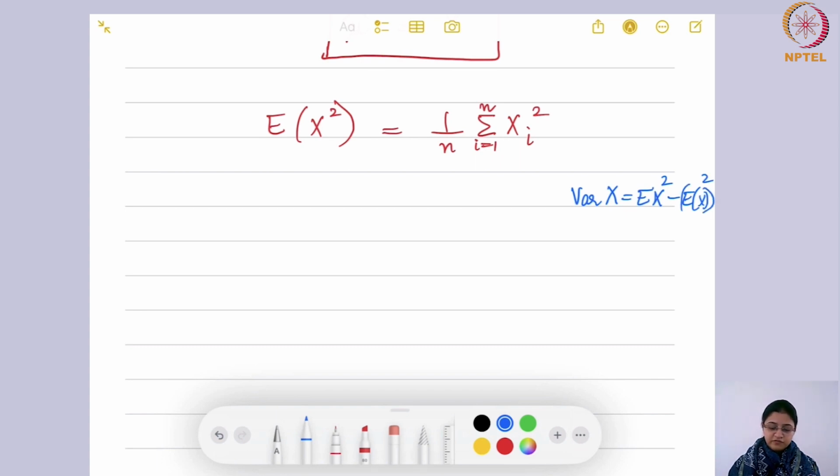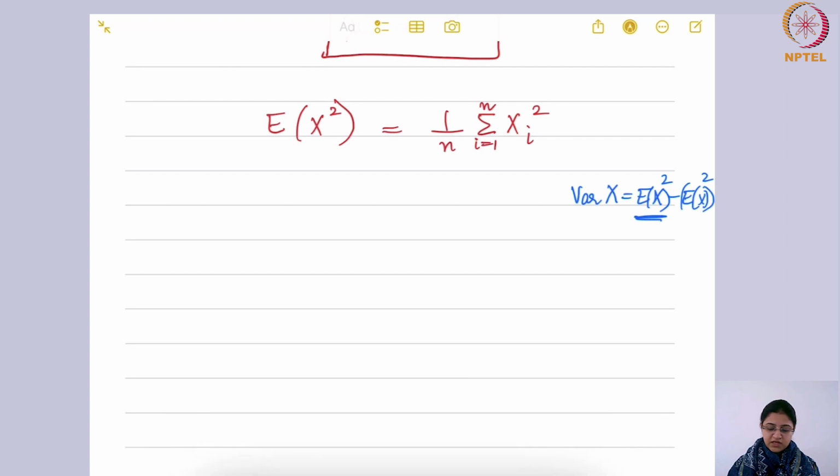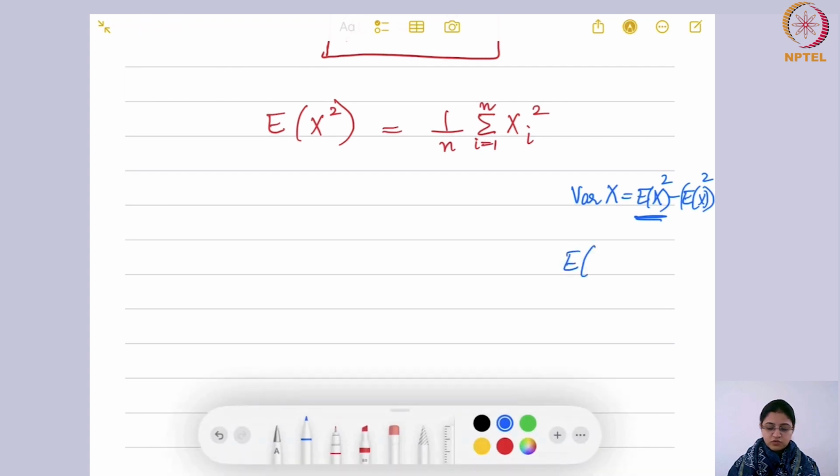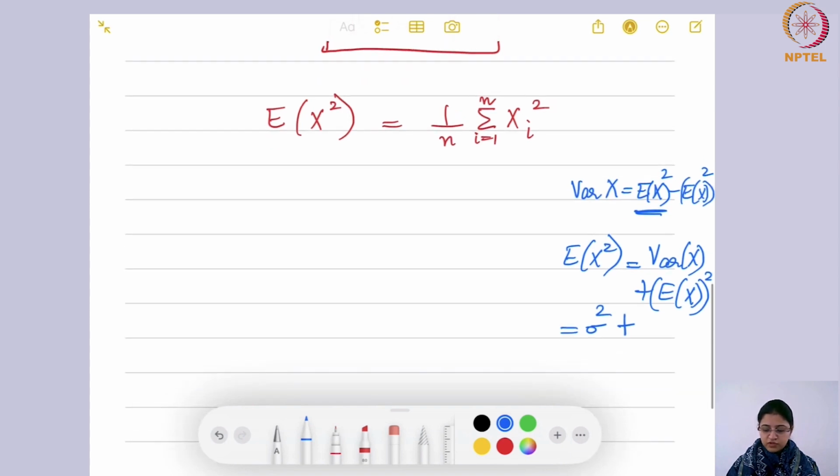So if I have to find this value, expectation of x square would be variance of x plus expectation of x whole square. Variance of x is sigma square, and expectation of x is mu, so it would be mu square. We are going to use this here.